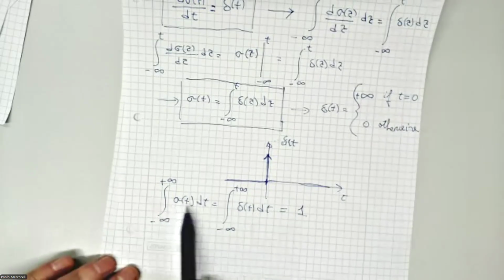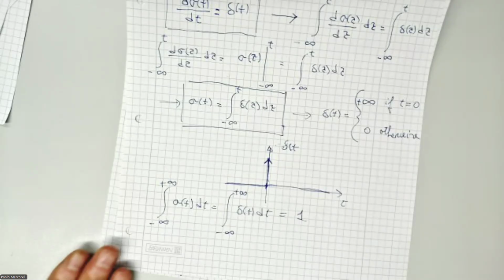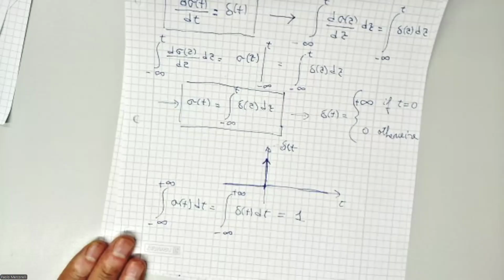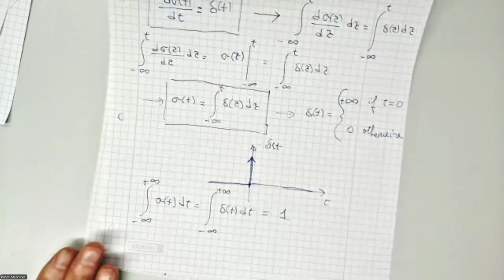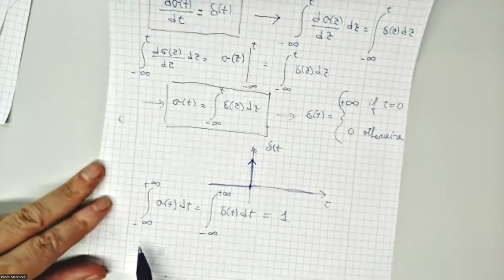It's 1. Because you have an error here, excuse me. Yeah, excuse me for the error.